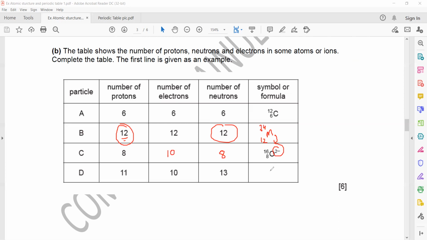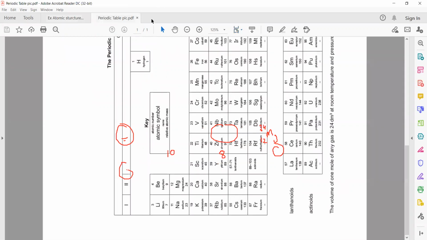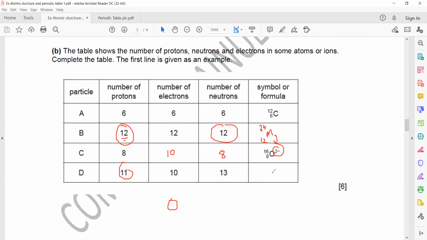Then we have to complete a symbol here. So proton number 11. Again, what we'll do in the exam, you will have the periodic table. So you will use the periodic table and check which element has proton number 11, that is sodium. So you will write the symbol for sodium, which is Na, and this sodium is having 11 protons and 10 electrons. So what will be the net charge?